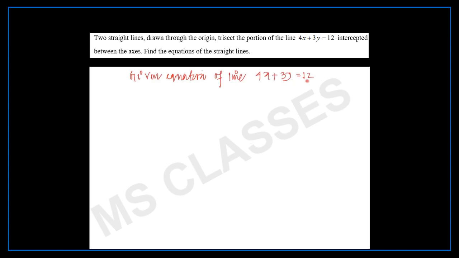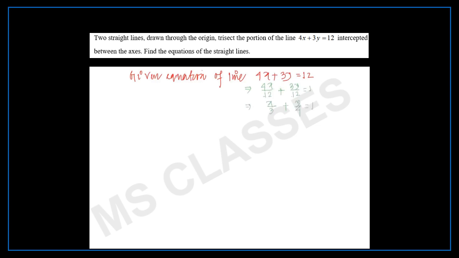To bring it in the intercept form, we divide by 12. So 4x by 12 plus 3y by 12 equal to 1. This gives us x by 3 plus y by 4 equal to 1.